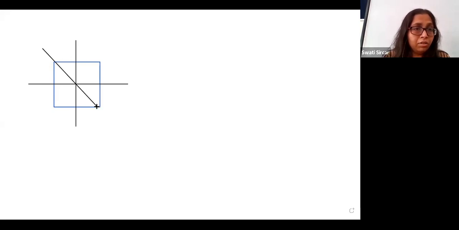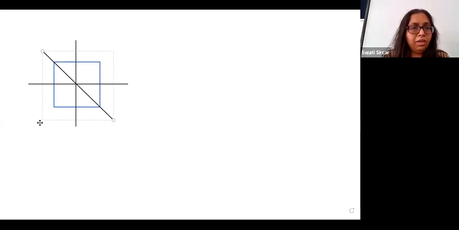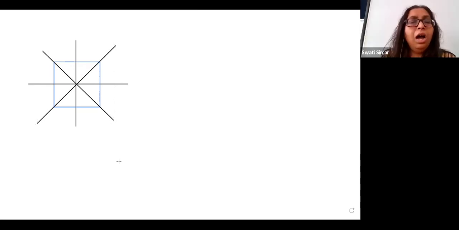So we have got this diagonal, and we have got this one. So it has got 4 line symmetries, right? Does it have rotational symmetry? Yes, ma'am. Okay, so it has rotational symmetry too.